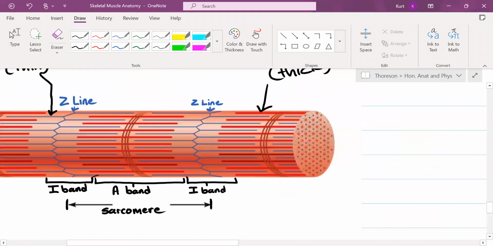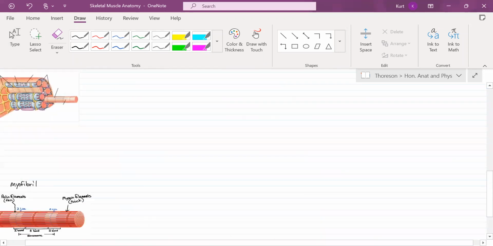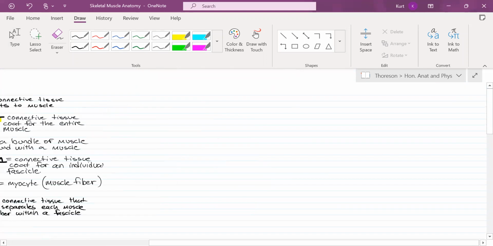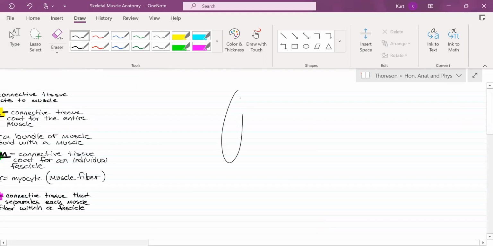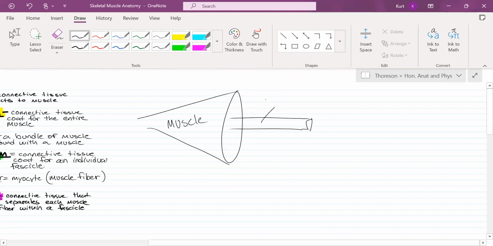The last thing I want to do with you all, please look up. Check this out. Here's a muscle. What unit comes out of a muscle like this? A fascicle.